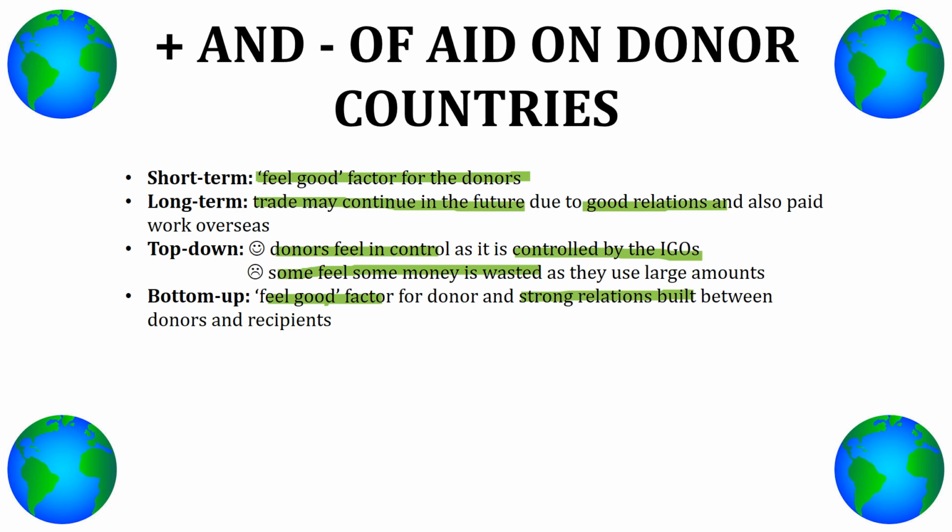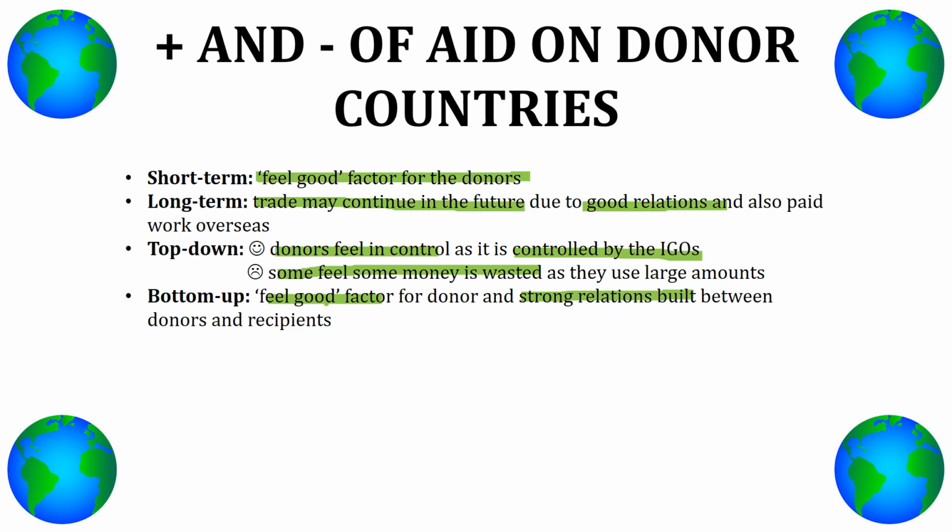On the one hand, donors feel in control, as it is controlled by IGOs, the intergovernmental organizations, those being the IMF and the World Bank, for example. But on the other hand, some feel that money is wasted because it's such a large amount, so they feel that not as much money has to be spent and still provide the same amount of aid.